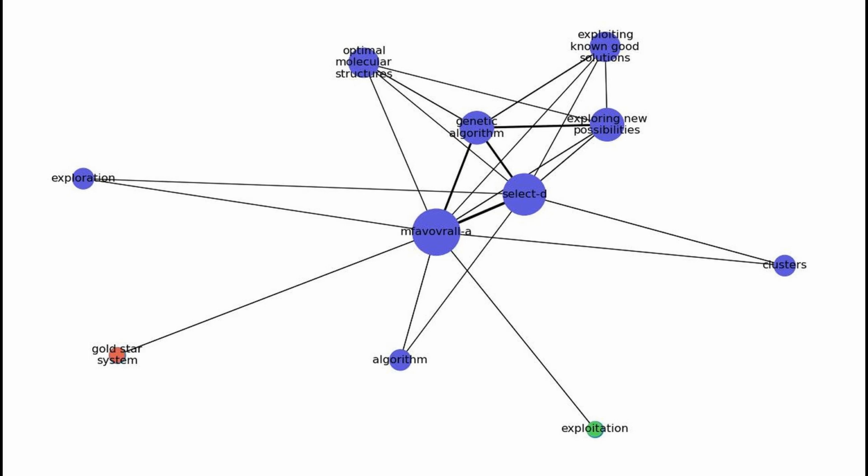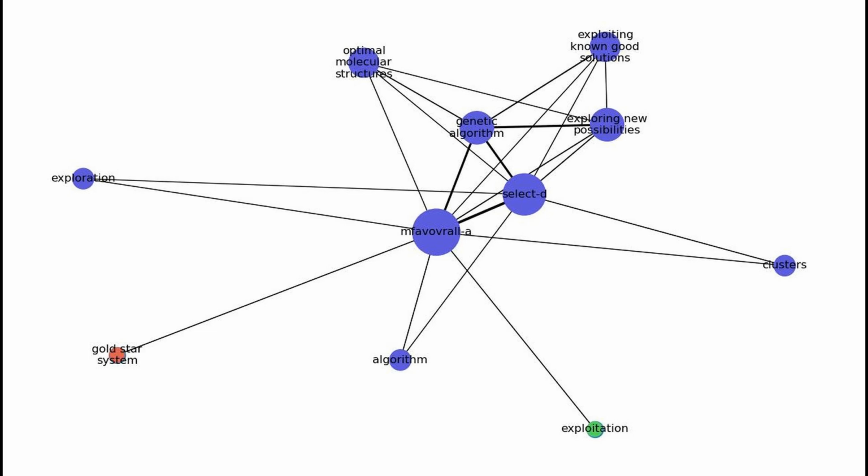The balance between these two parameters is crucial. If MFavOvrAll-A is set too high, the algorithm might only focus on a few successful clusters and ignore others, leading to stagnation in finding new solutions. Conversely, if Select-D is emphasized too much, the algorithm could end up randomly selecting clusters without considering their past performance, which may result in less effective searches.